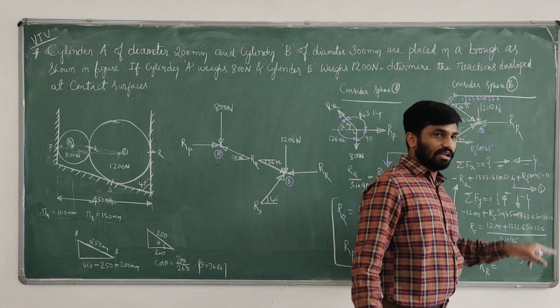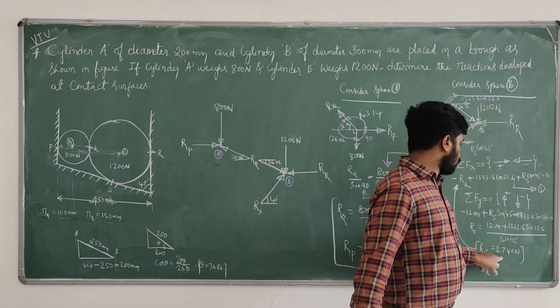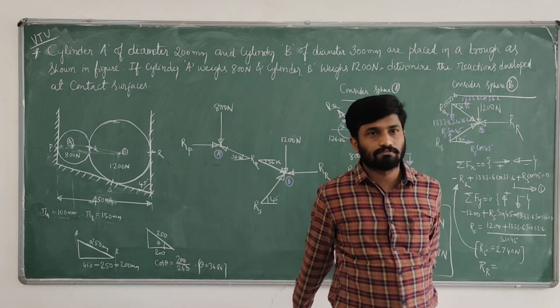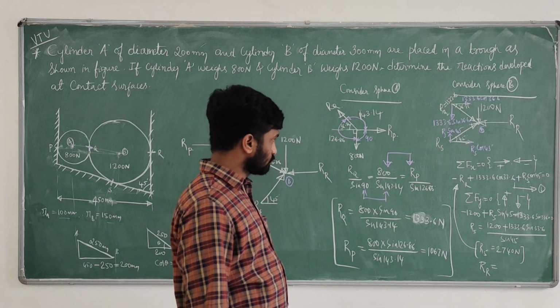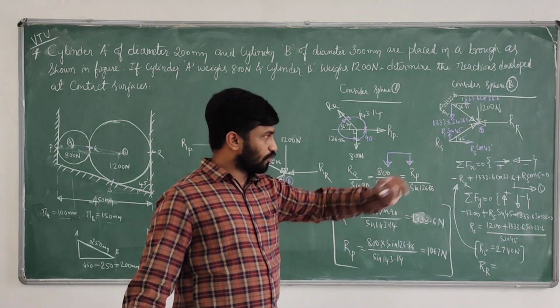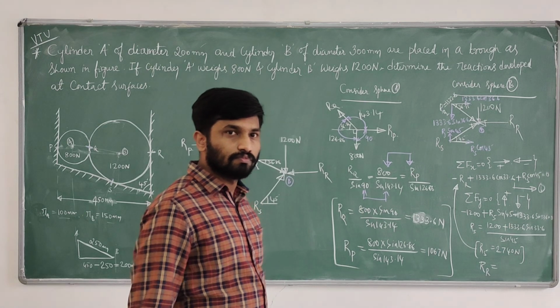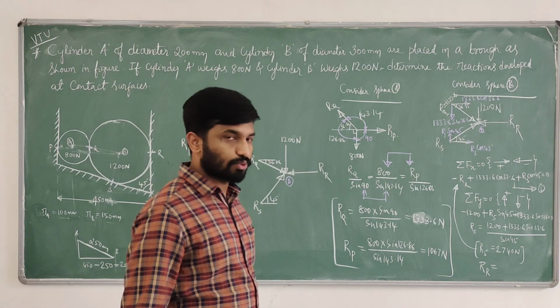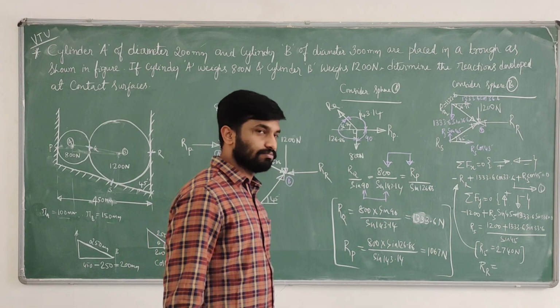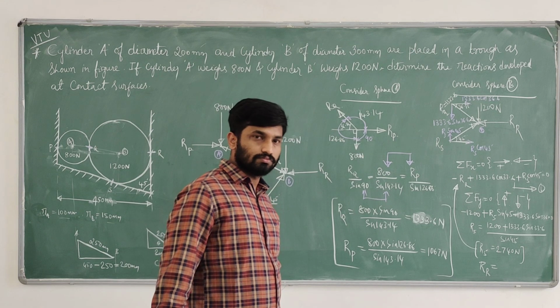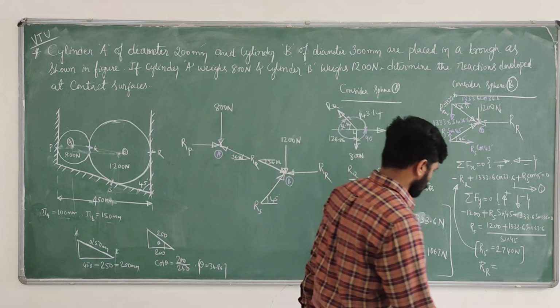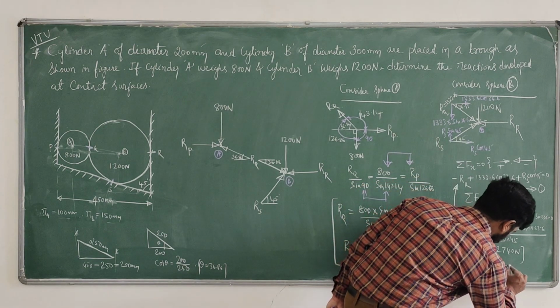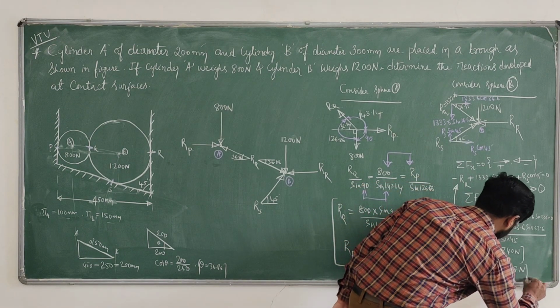1333.6 cos 36.86 plus 2740 cos 45 gives 3048.25, so 3048 Newton.